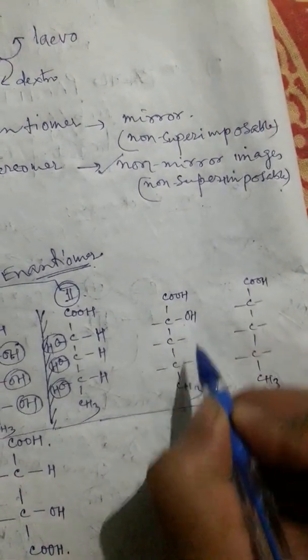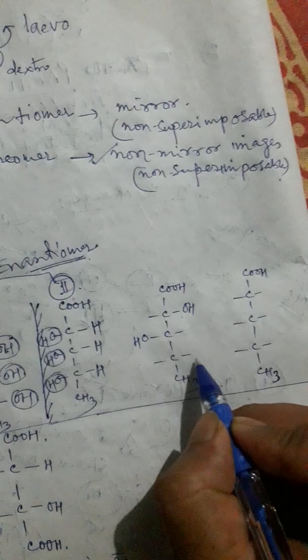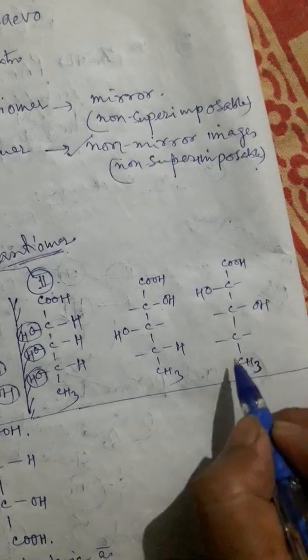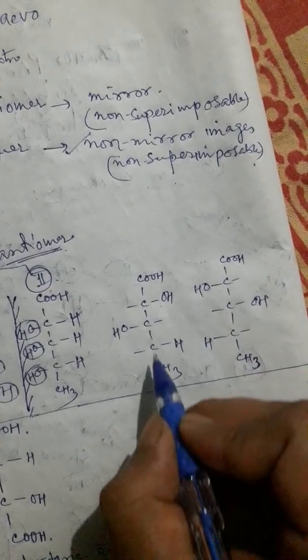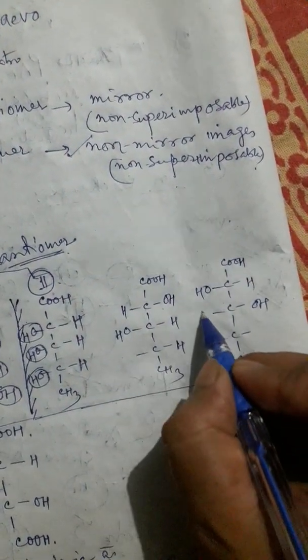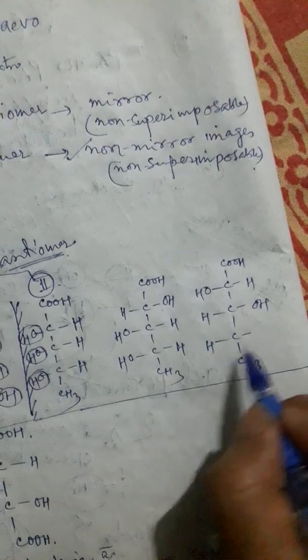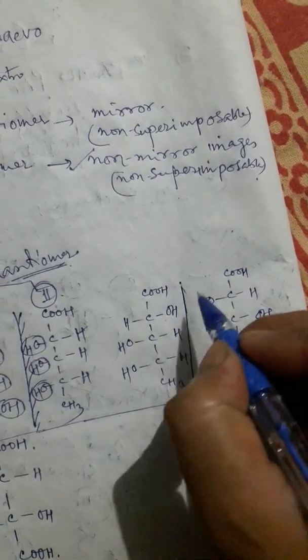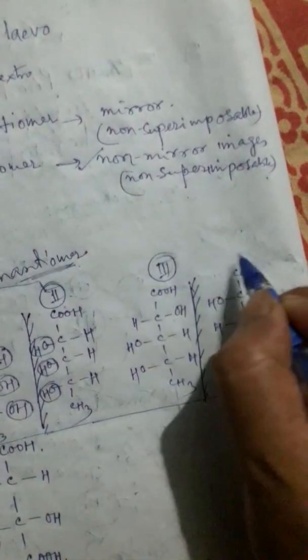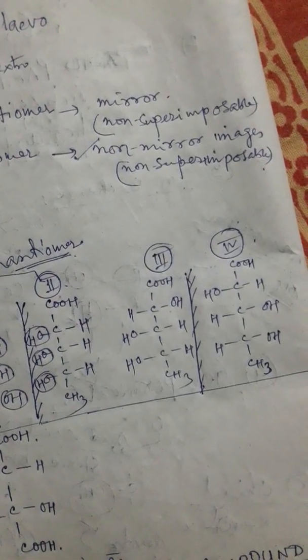Suppose this is OH, this is OH, this is H. So this is OH, this is OH and this is H. So put H here, H, H here, H, OH here, OH. So if you put a mirror here, and suppose these two structures are 3 and 4, these two structures are not mirror images.